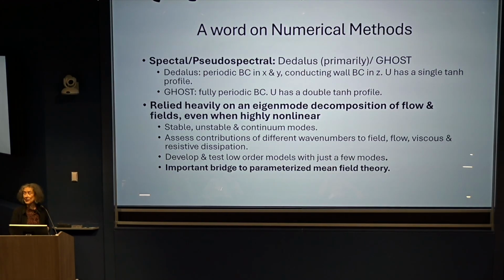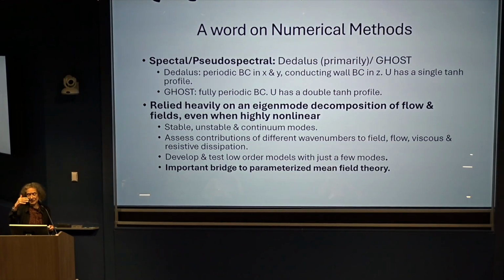We started with the Dedalus code that was developed to a great extent at the CCA by Keaton Burns and other collaborators. But we switched at some point to the GHOST code, basically because we wanted to apply periodic boundary conditions. We wanted something faster where we could do really high resolution simulations. Bindesh can give you numbers.